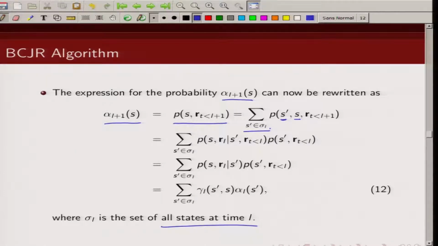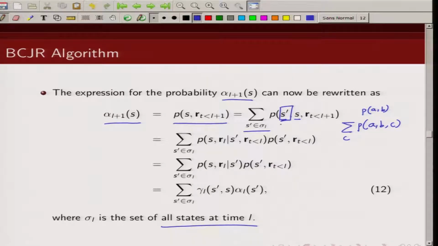So, what I did was, I had some term, probability of, let us say, a b, and I just added a term, probability of a b c, and summed over all possible values of c. That is what I did here. I introduced a new variable s prime and summed over all the possible values of s prime.